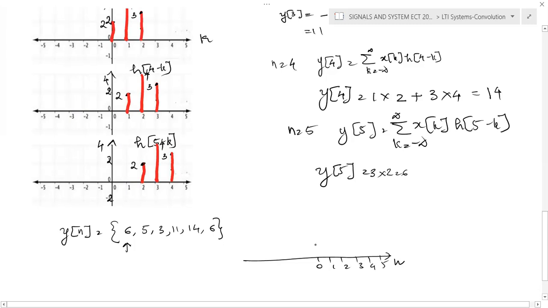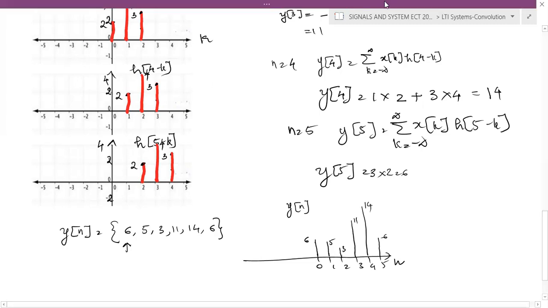So at 0, the signal amplitude is 6. At 1, it's 5. And at 2, it's 3. And at 3, it's 11. At 4, it's 14. And at the last point is again 6. So this is the signal y of n: 6, 5, 3, 11, 14, and 6. Thank you.